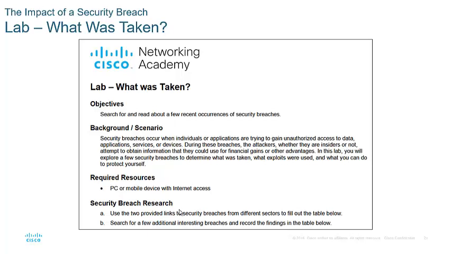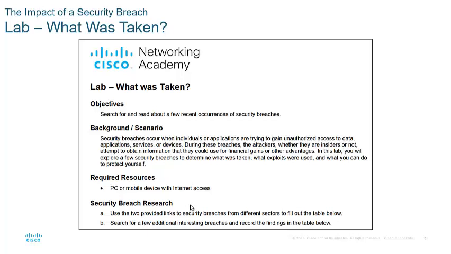The second lab we are going to work on is about security breaches, which occur when individuals or applications are trying to gain unauthorized access to data, application services, or devices. During these breaches, the attackers, whether they are insiders or not, attempt to obtain information that they could use for financial gains and other advantages.